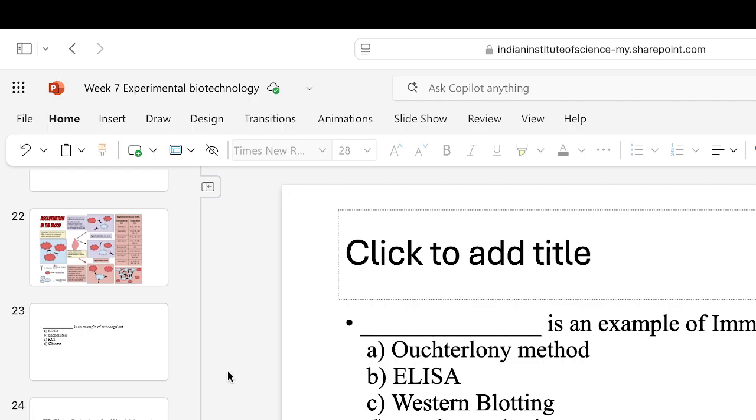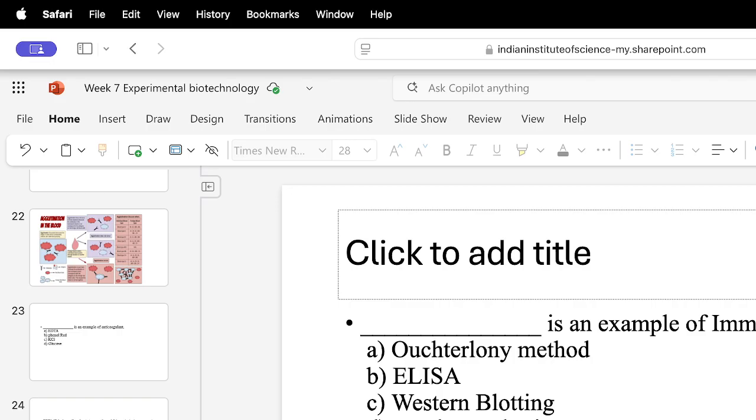The next question is, dash is an example of immunodiffusion test. Four options are given here: Ouchterlony method, ELISA, Western blotting, Northern blotting.